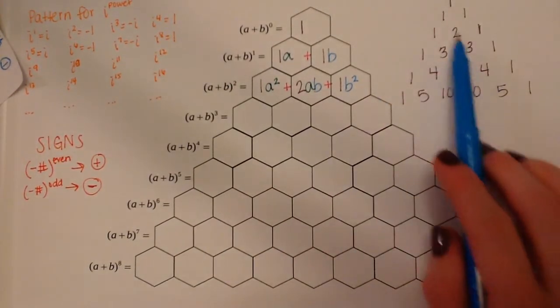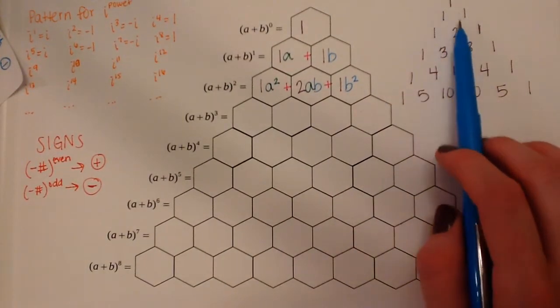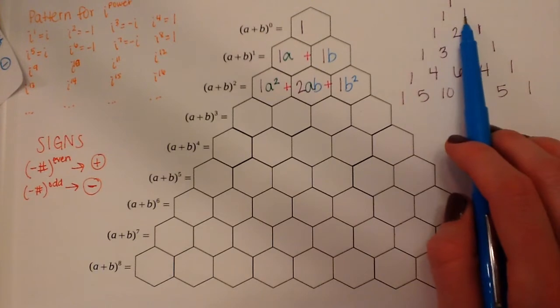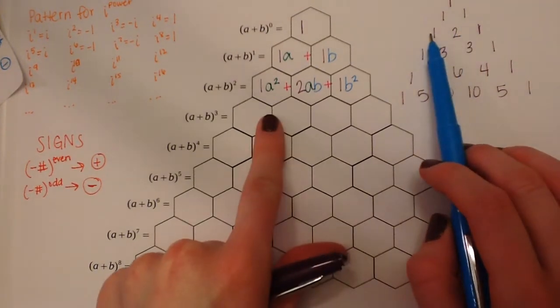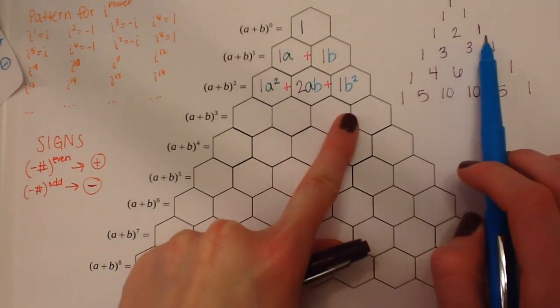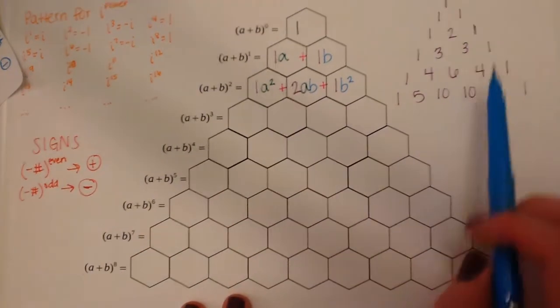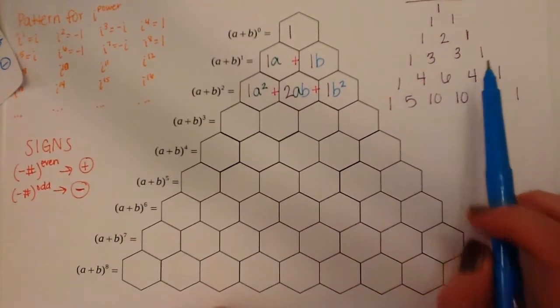So if you see, so far we're following our pattern. We started out with 1, then we went 1a plus 1b, then we went 1a squared plus 2ab plus 1b squared. So let's hope our next one is 1, 3, 3, 1.